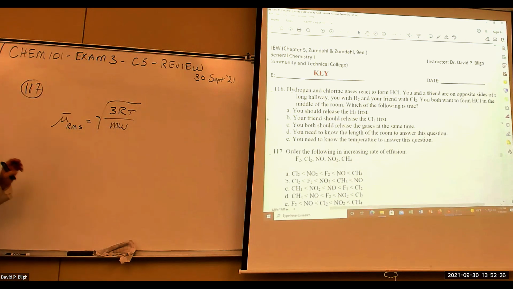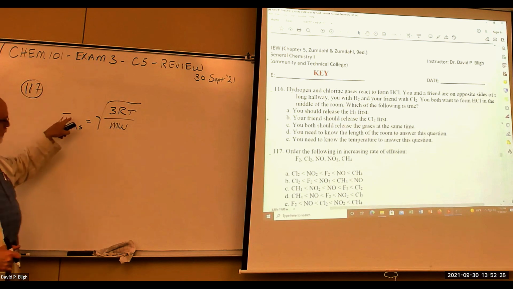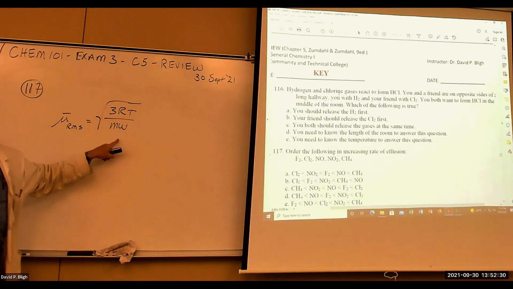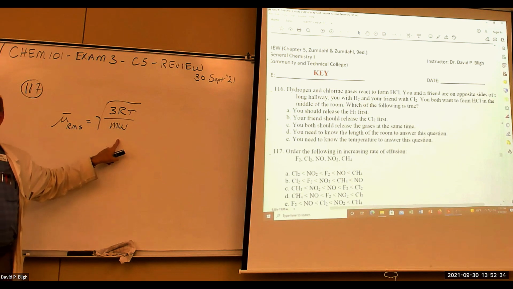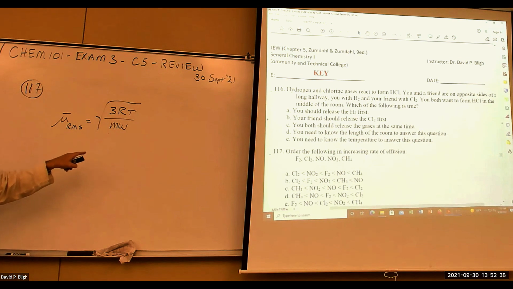Okay, so if it's proportional to this value, it's inversely proportional to the molar mass. That means the smaller molecules are going to move faster. They have a higher rate of effusion. So we just need to find out what is the molar mass of each one of these.